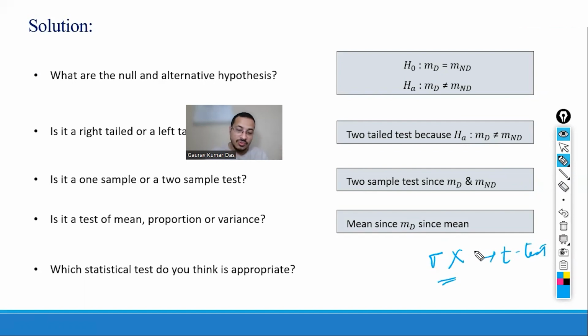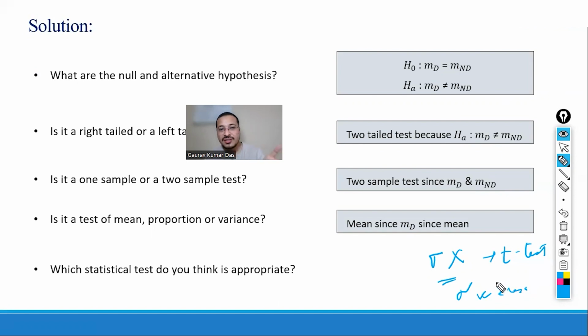In this scenario, if you go back to the question, the population standard deviation is not given. The sample standard deviation we can easily calculate from both the samples, but the population standard deviation is not given. So in this case, we'll use a t-test. When the population standard deviation is given to you, that is when you will use a z-test. Both of these tests are very similar. The formula will change, of course.